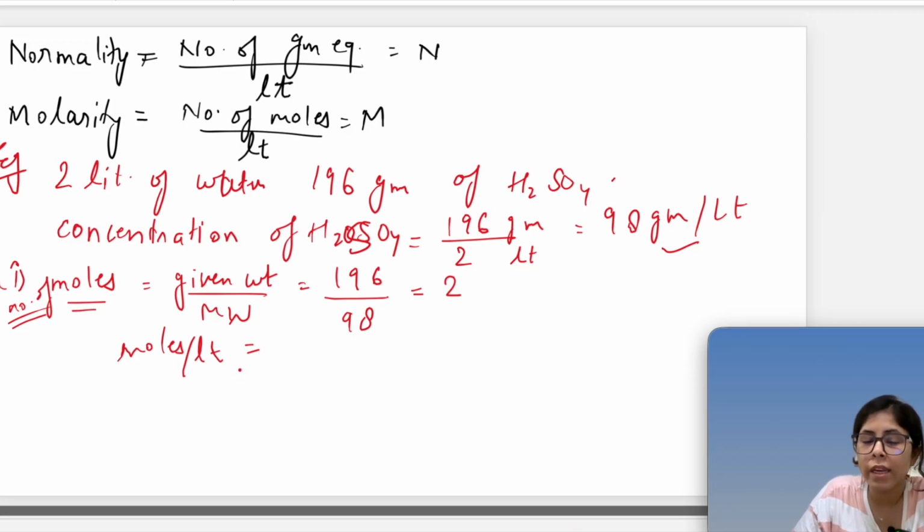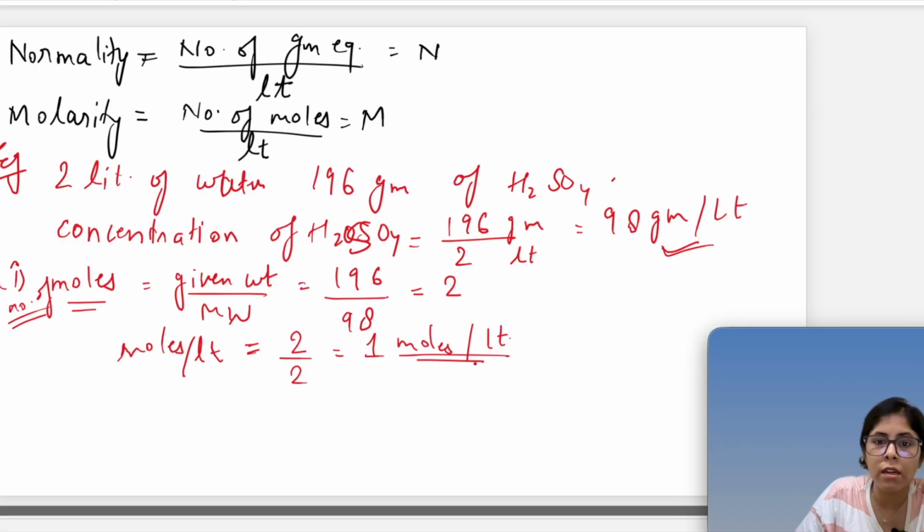Now moles per liter is the concentration. The first way to denote concentration is gram per liter, and we can also denote it in moles per liter. There are 2 moles in 2 liters, so the concentration is 1 mole per liter. This is another way of saying the concentration.